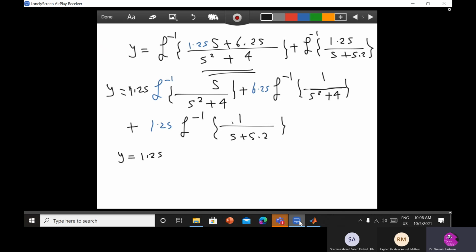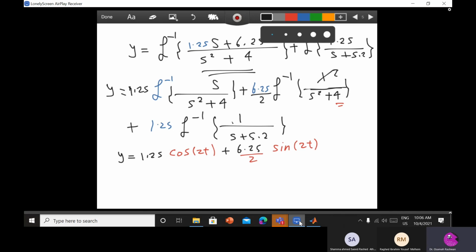So it is cosine 2t plus 6.25. What is the Laplace of 1? Yes, for this one I need a 2 to have it as a sine, so I will divide it by 2. So this one will give me sine, divided by 2, and sine of 2t, since this is a squared. The last one plus 1.25.